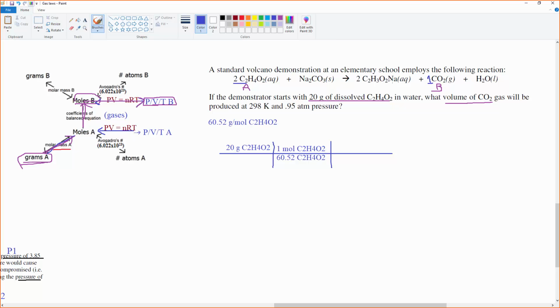4 carbons. No, 5 carbons. 5 carbons. 8 hydrogen atoms. Not in fact balanced. 8 hydrogen atoms. 7 oxygens. 4.